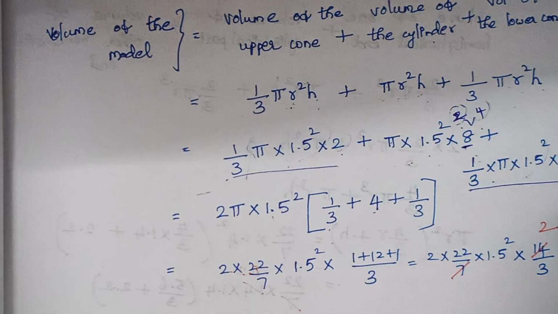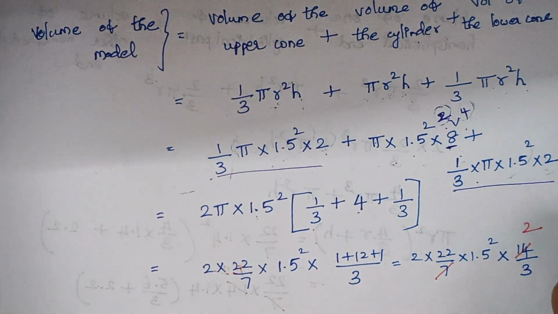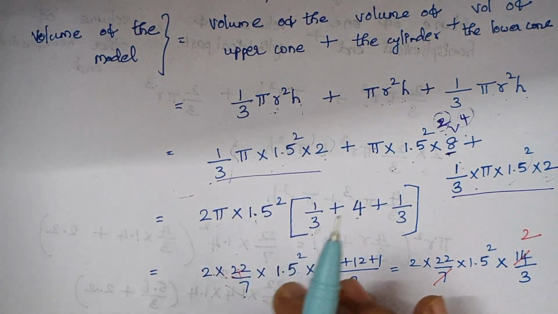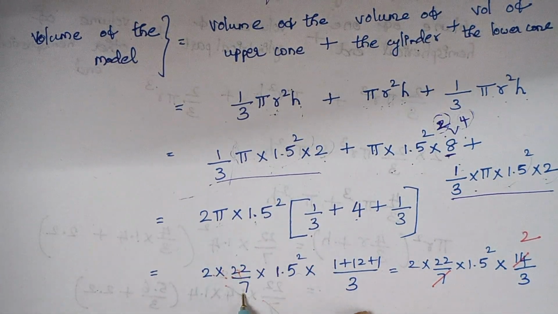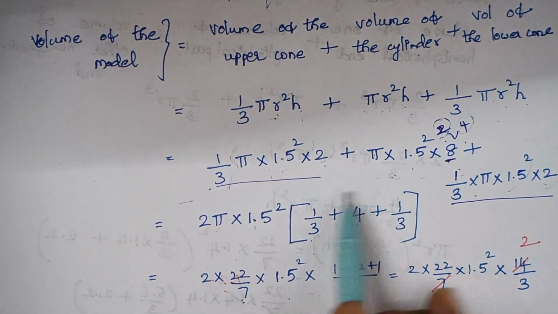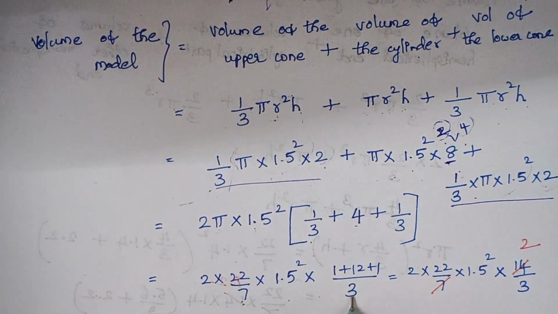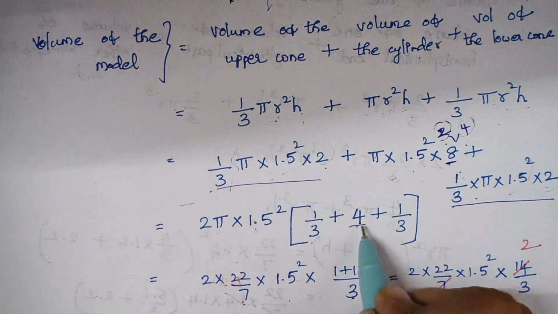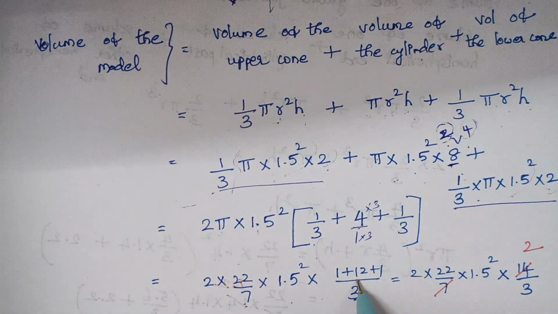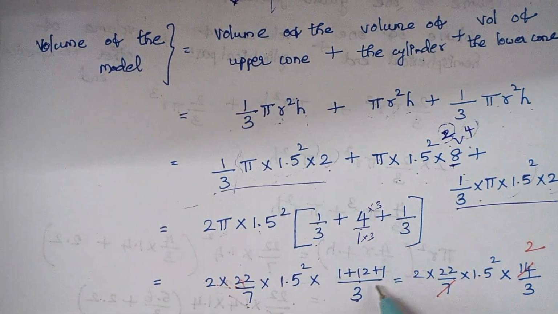So the next step is we are substituting the values. So 2 into 22 by 7, here the value of pi is not mentioned, so you can take the value as 22 by 7, into 1.5 square into, here when you take the LCM, the denominator is 3. So here it is 1, so multiply by 3 on both sides. So 4 3s are 12, and here it is 1 and here it is 1.